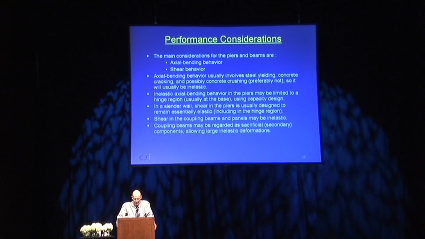It can crack, but you wouldn't want to get any significant steel yield. You would also design the upper stories not to yield in shear. And in the hinge region, you would be very careful to design for shear strength, also recognizing that the larger the hinge rotation, the weaker it is in shear, so you've got to add more shear reinforcement at the base than you otherwise might. And that's what this indicates here.